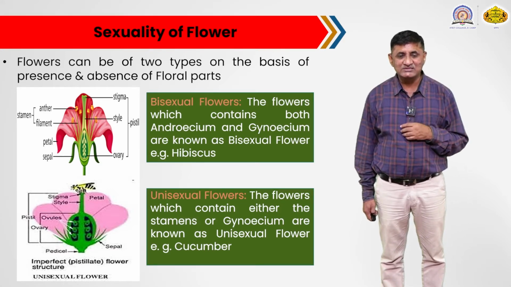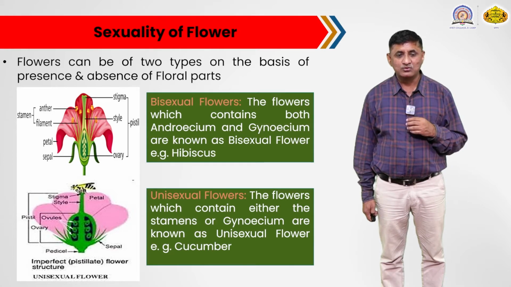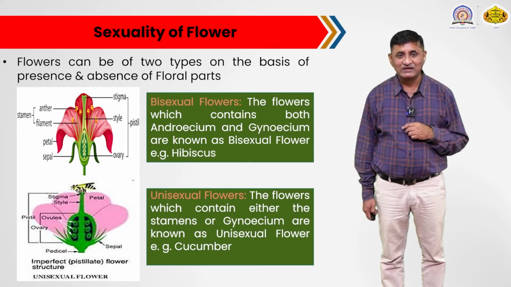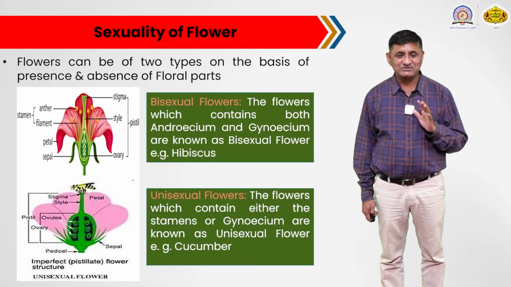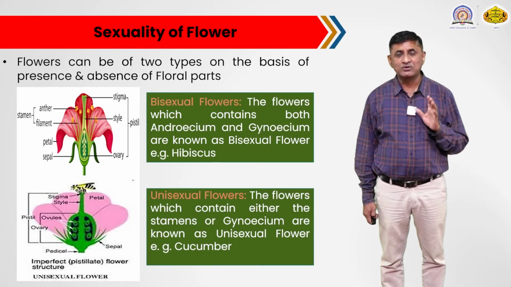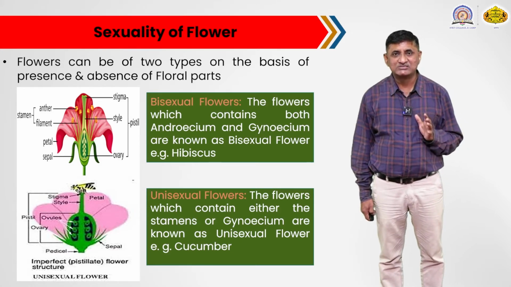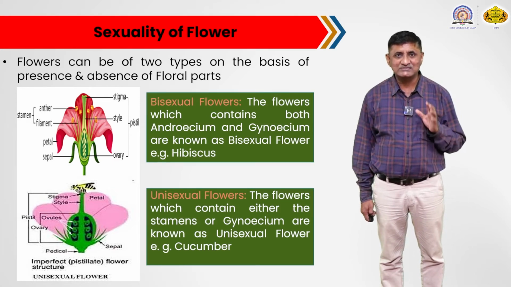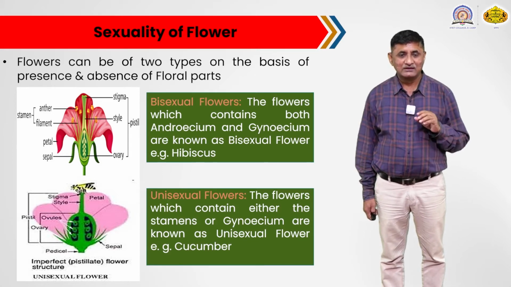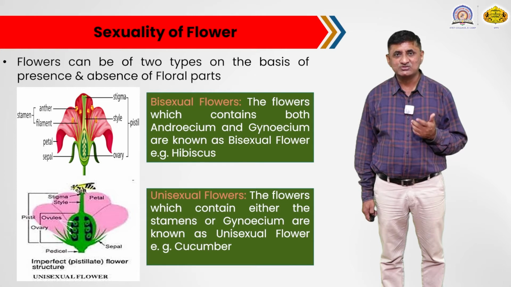In that diagram you can see the flower showing only the presence of gynoecium, and the androecium, the male reproductive structure, is totally absent, and that's why only one kind of reproductive structure is present, and at that time we can recognize such a flower as a unisexual flower. Either the stamen or the gynoecium, any one is present, and such a flower can be treated as a unisexual flower.